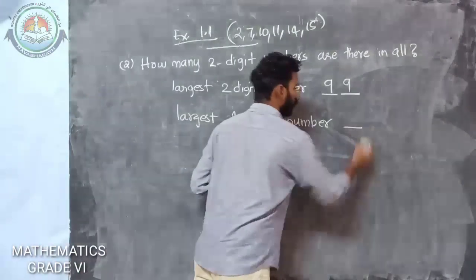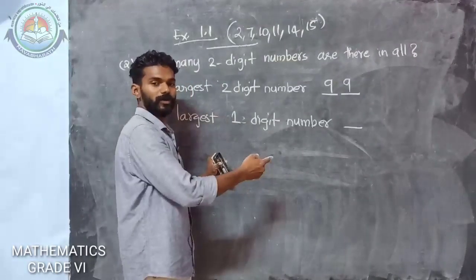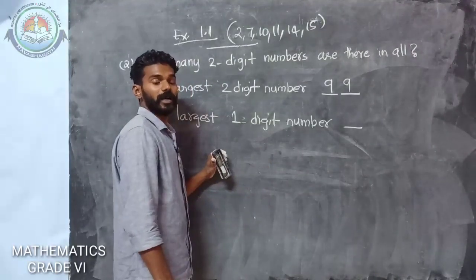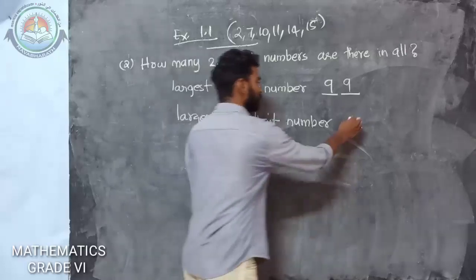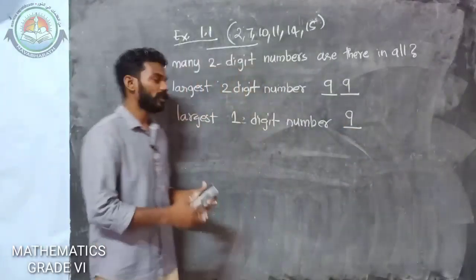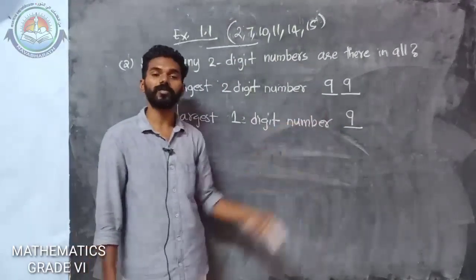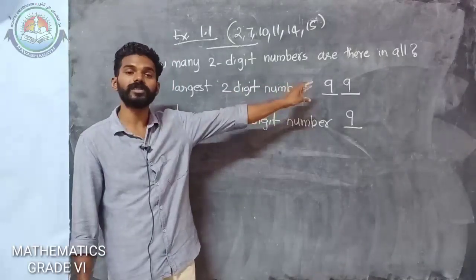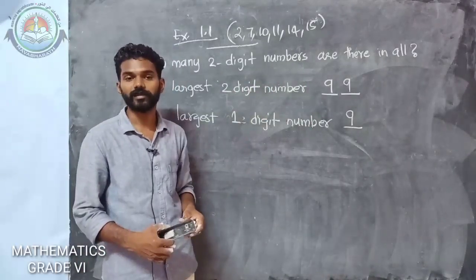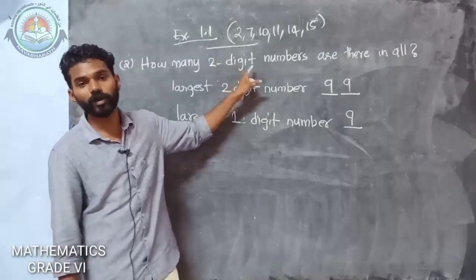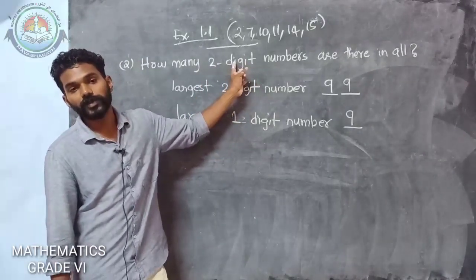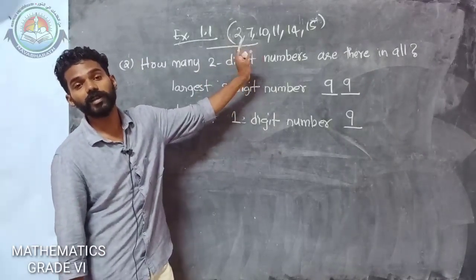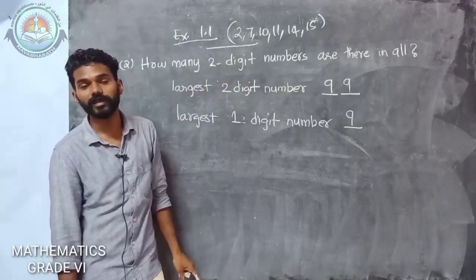Only one place, and you should fill that place with the highest digit, which is 9. So the largest one-digit number would be 9, and the largest two-digit number would be 99. And you need a count of two-digit numbers, the total count of two-digit numbers.